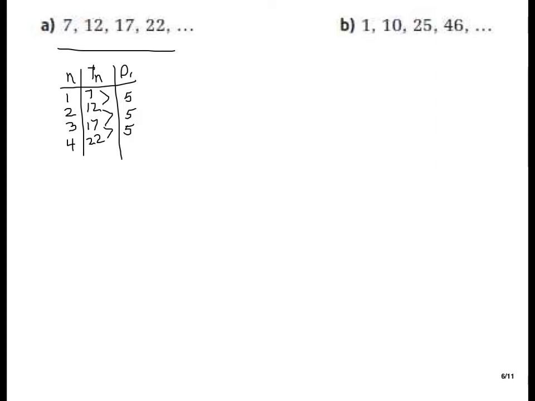Now I'm going to plot the ordered pairs. So this is going to be my n, and this is going to be my term. I have terms from 7 to 22, so if we assume this is 25, then if you divide it by 5, we're going to get 1, 2, 3, 4, 5.